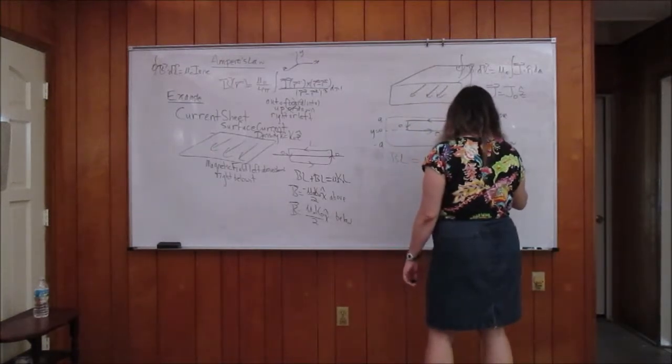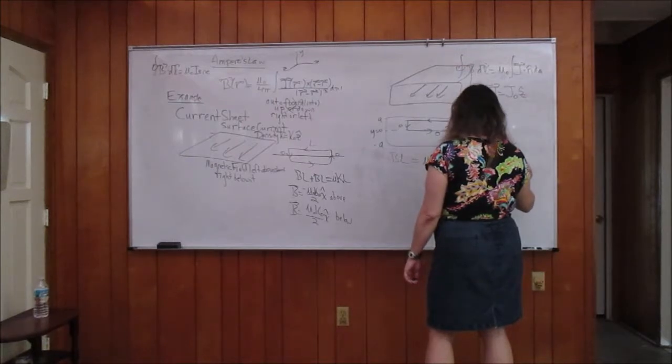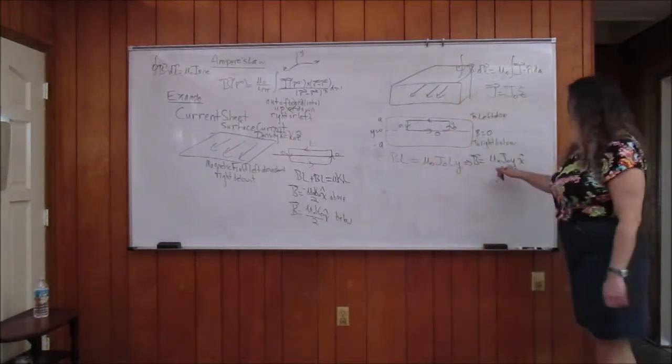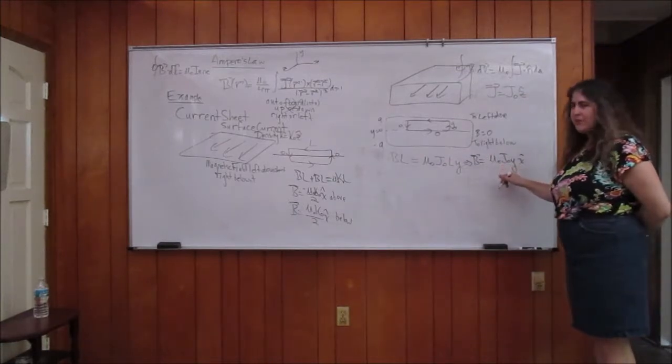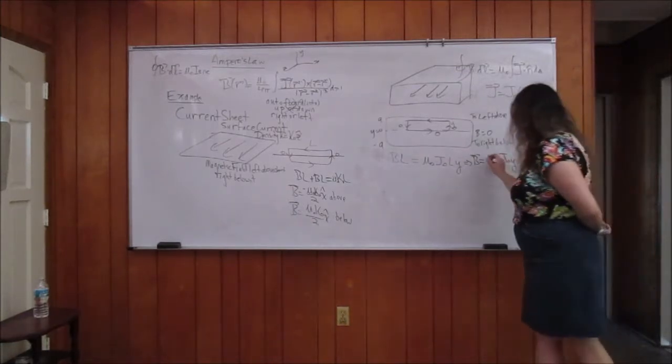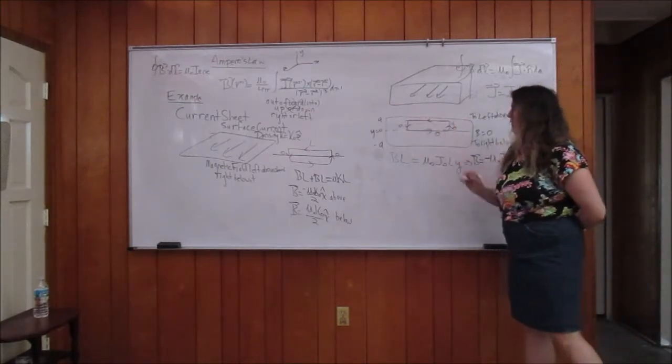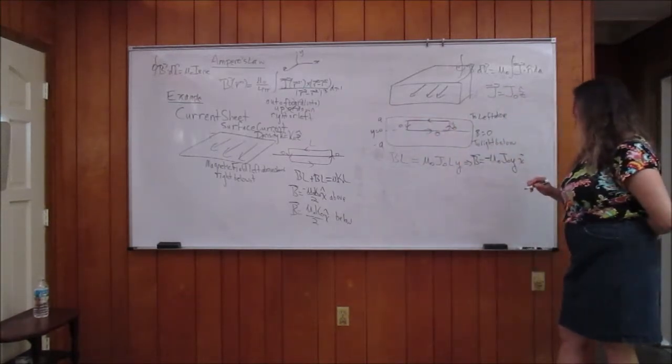Therefore, the magnetic field has value mu naught J naught y in the x direction, and it's pointing to the left, as we reasoned just a few minutes ago.